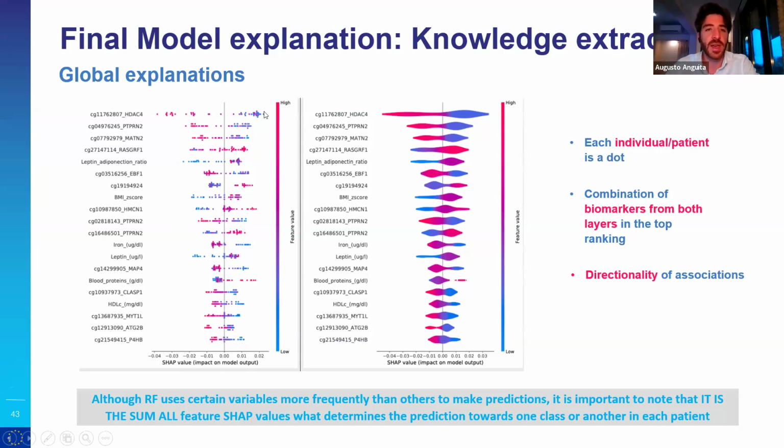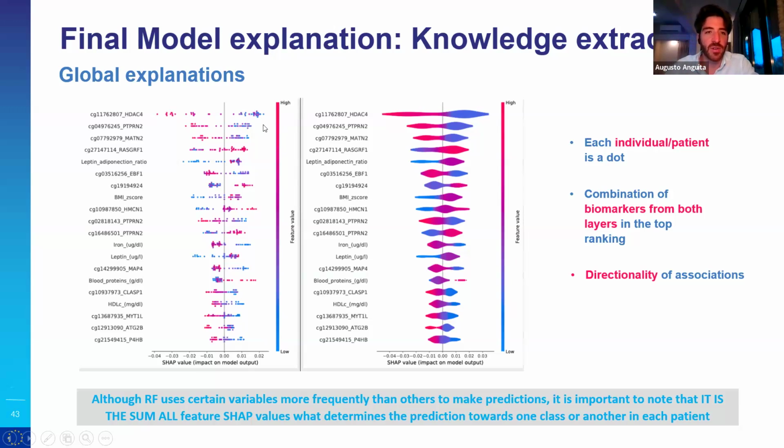And also here in color, we see the feature value. So we can also identify and interpret the directionality of association. We can see how, for this variable, low values, here in blue, are moving individuals to be in the dominant class, the insulin resistant class.